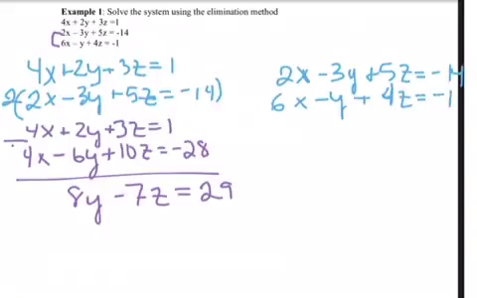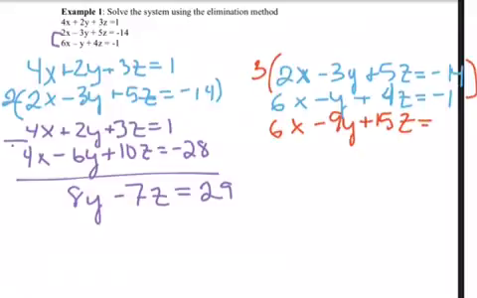And again, I'm going to see if I need to multiply one or both. And since I eliminated x in the first one, I'm going to eliminate x again. I see that I can just multiply the top one by 3. So that gives me 6x minus 9y plus 15z equals negative 14 times 3 is negative 42.